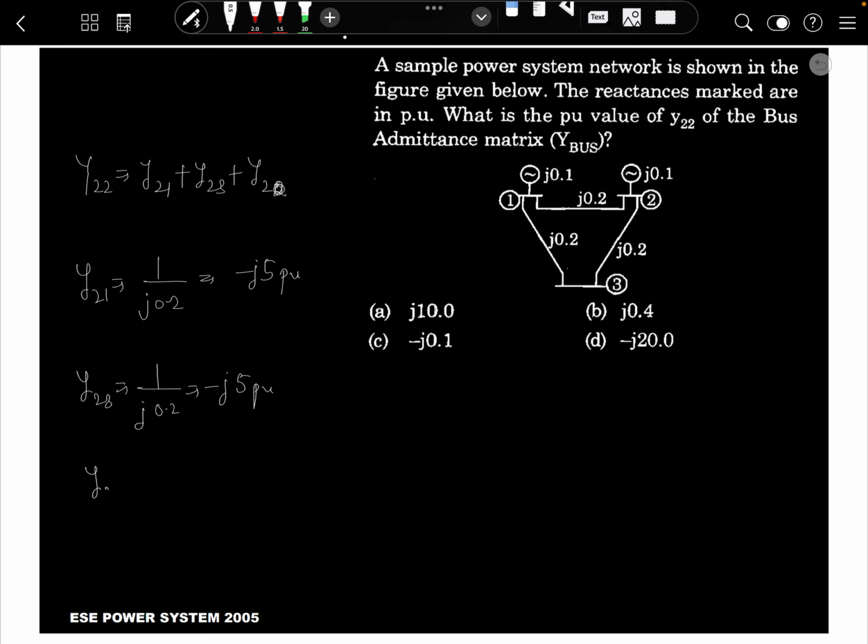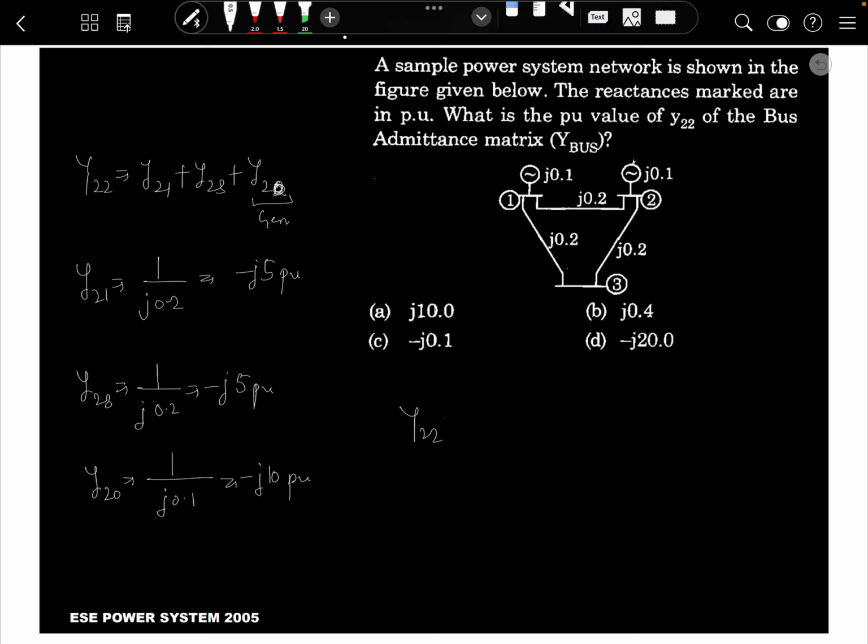and then Y20, which you can say is the generator, that's why we have to consider this term. This is for the generator, not with the ground. Then 1 upon j0.1, which gives you minus j10 per unit.